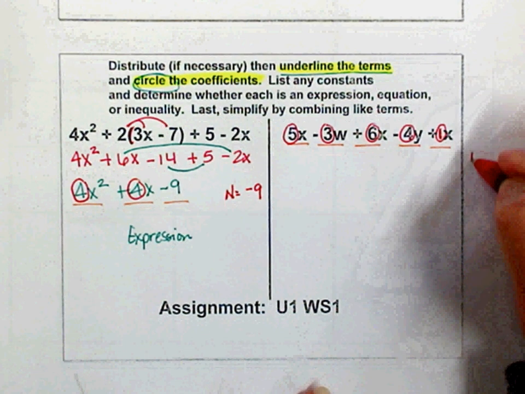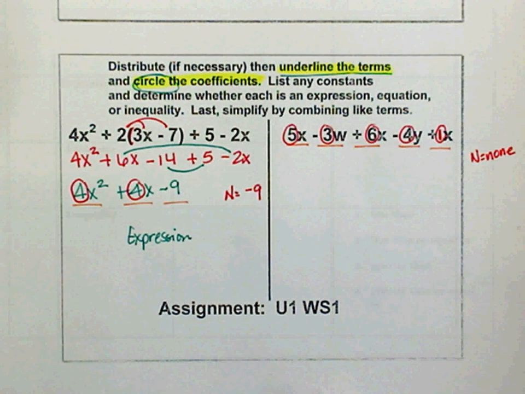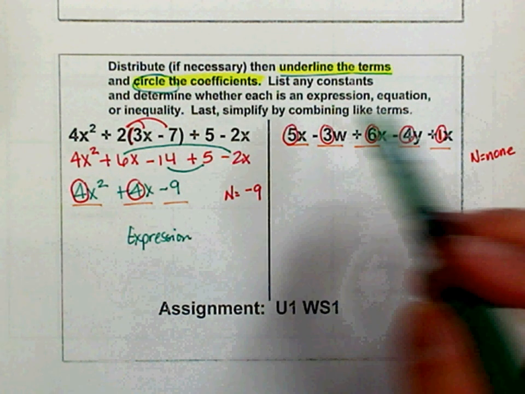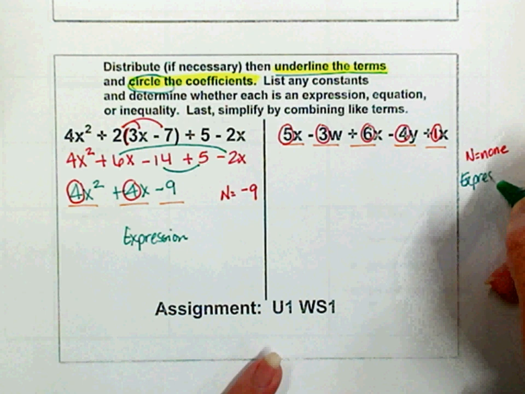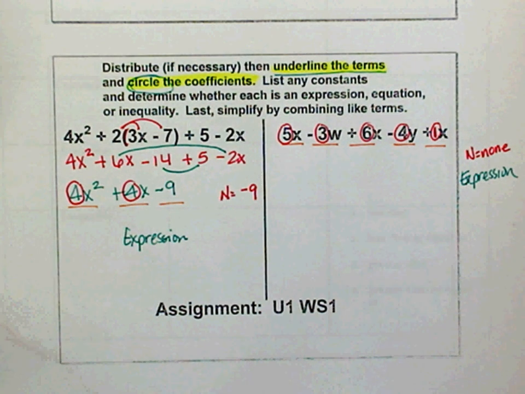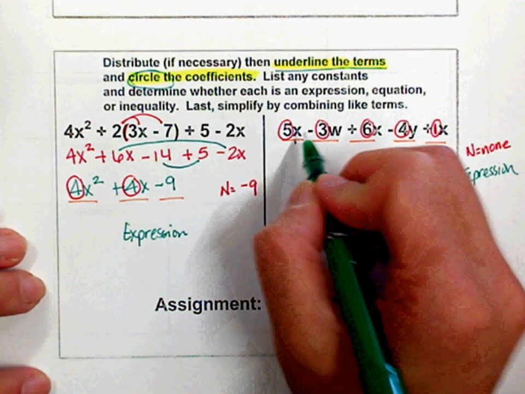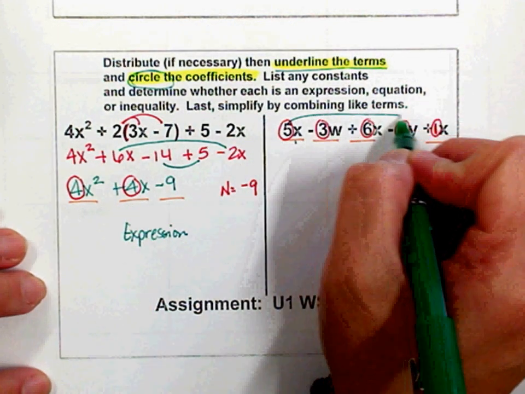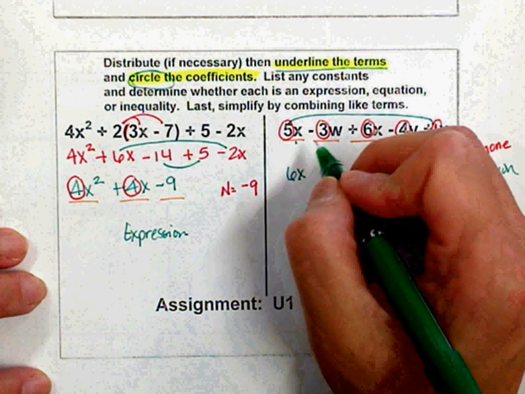All right. Now, this is an expression, because there's no equal sign, and there's no inequality sign. Okay? Let's combine like terms. X. Oh, I see an x here. What is 5x plus 1x? 6x. Any other? Oh, I have another x. Bring down that 6x.